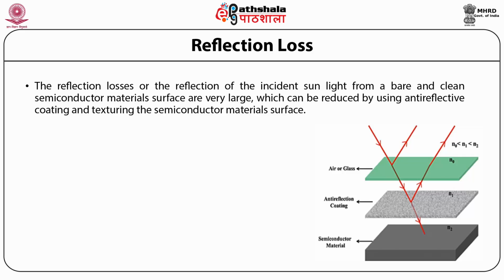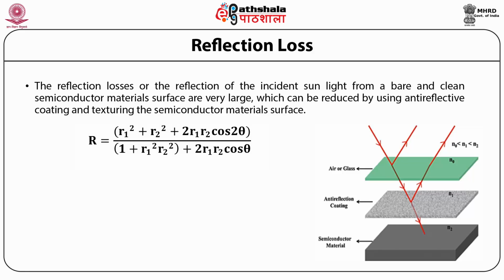Then the expression for the reflection factor or the reflectance is given by R equal to r1 square plus r2 square plus twice r1 r2 cos 2 theta, divided by 1 plus r1 square r2 square plus 2 r1 r2 cos 2 theta, where theta is the angle of incidence, and r1 and r2 are the reflected intensities at the first interface and second interface respectively.